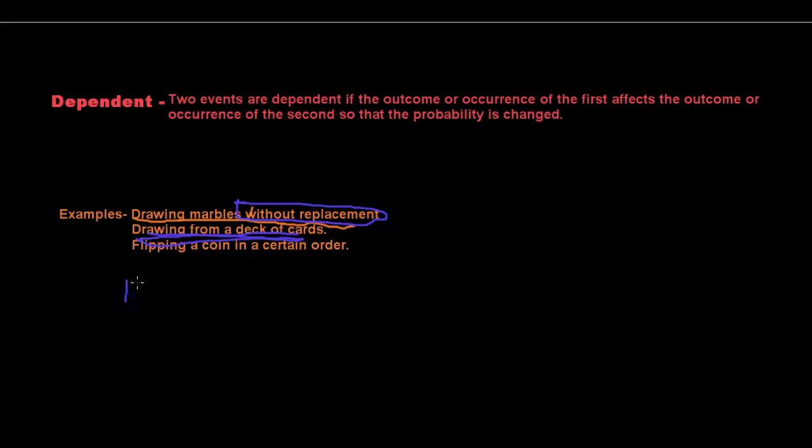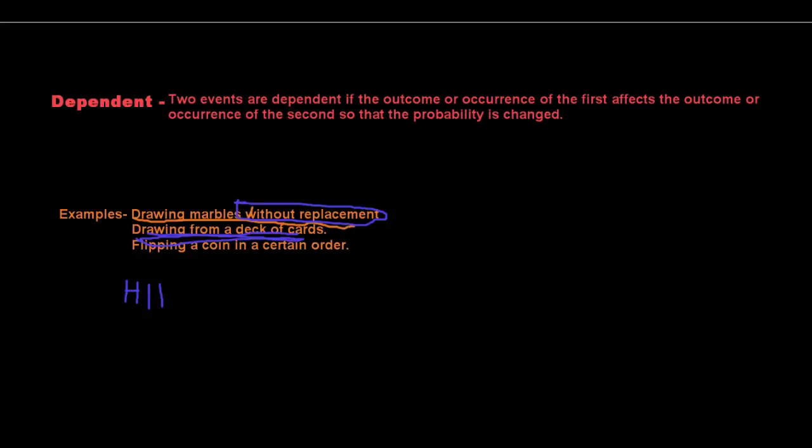Because in that first one you can have heads, heads, heads, heads, or heads, heads, heads, tails, or heads, tails, tails, tails, and all these different ways are going to affect each other because you only want one of the certain ways.